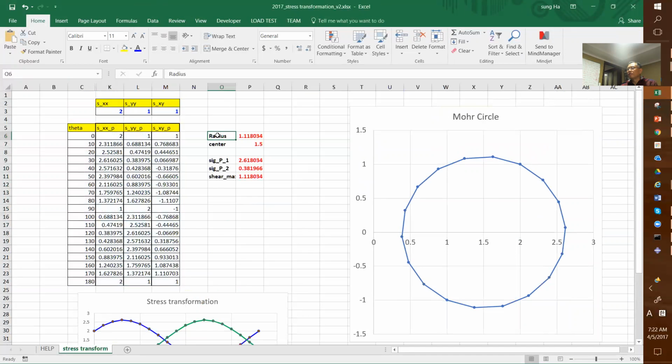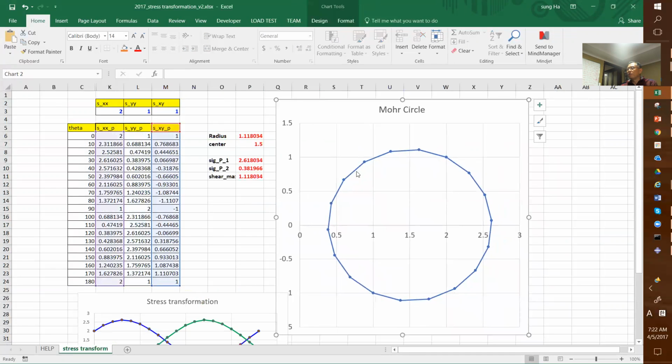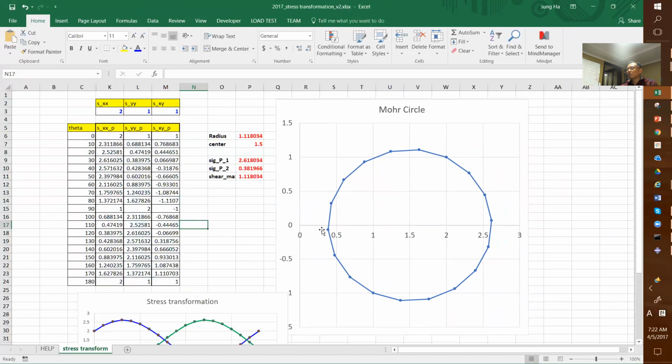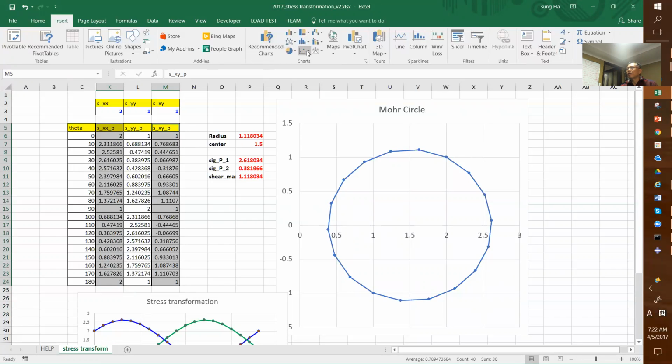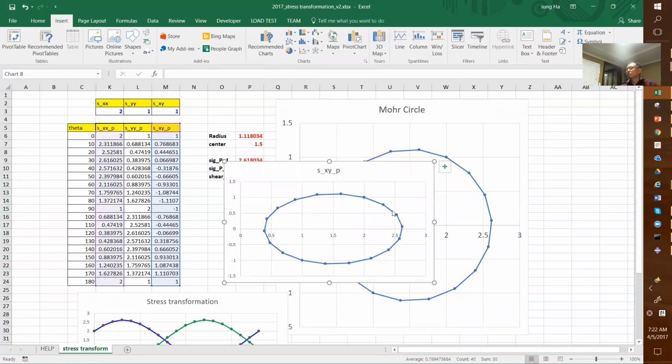And here, radius. Now, I additionally draw a Mohr circle. Because this is the sigma xx and that is sigma xy, you simply select this column and that column and draw. I will simply show you one more time. Just select 2 columns and insert, and there is the plot chart.